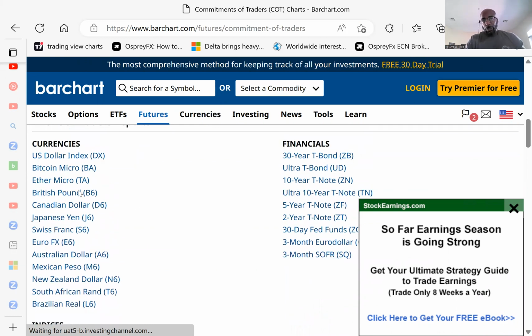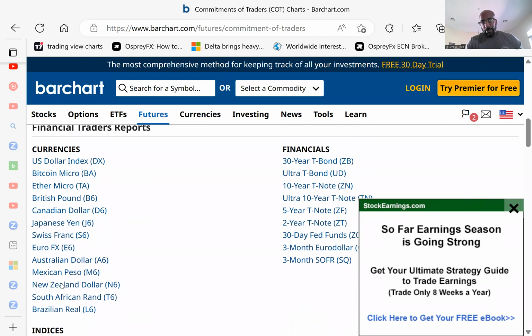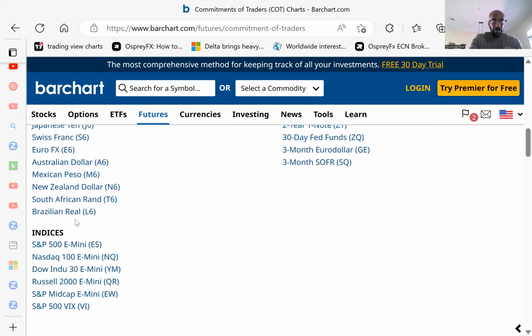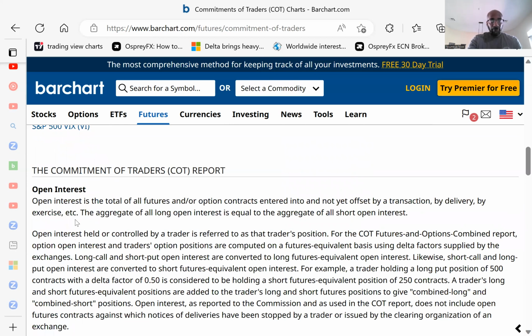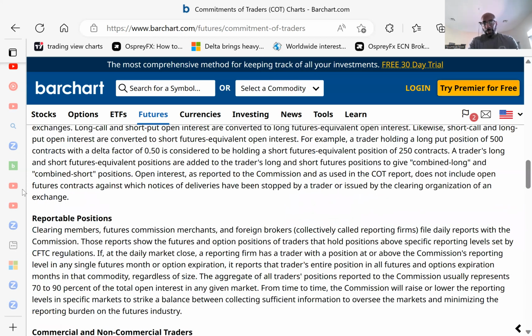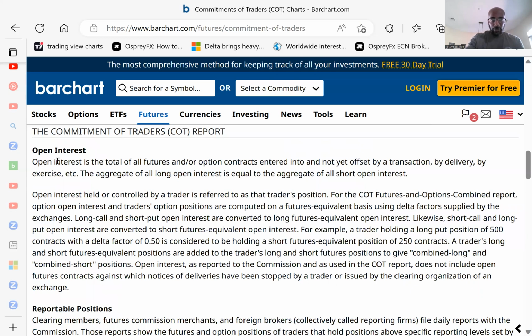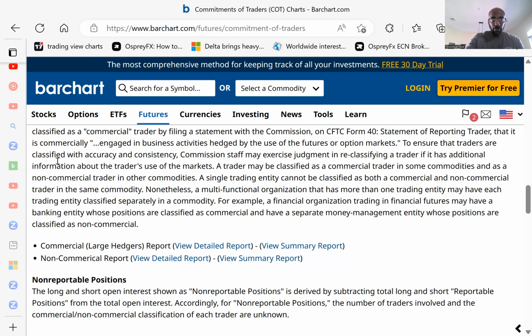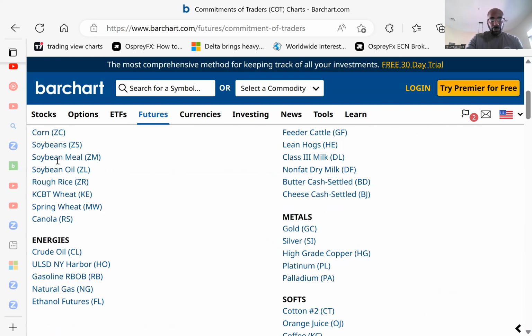Okay, you can pick any of these currencies, and you can see how people, when I say people, it's not people like me and you, but I'm interested in seeing how the institutions are stacking up their money. And you'll know that by going to the open interest of these COT reports. I don't know why this is not working.